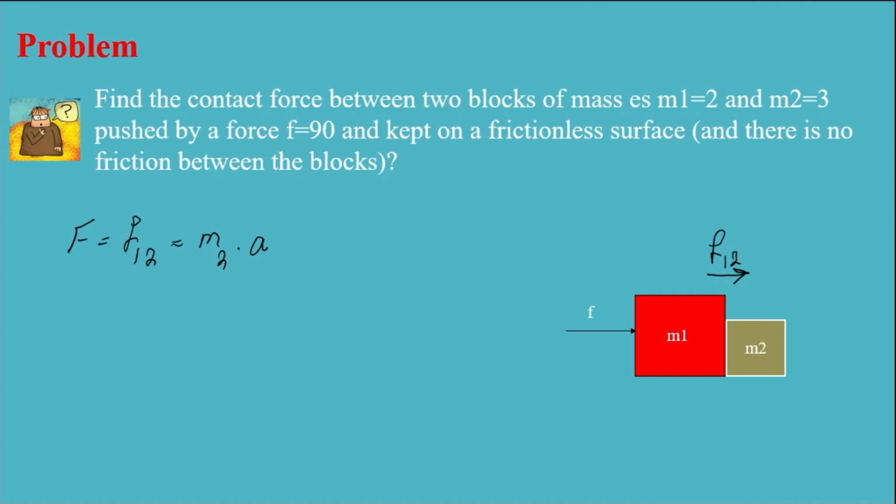And remember, this is the internal force. So my m2 here is equal to 3 and the acceleration is equal to 18. So my F12 is equal to 54, right? And based on Newton's third law, these two internal forces should be equal to each other.